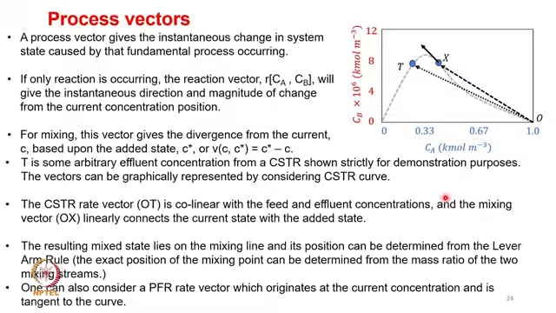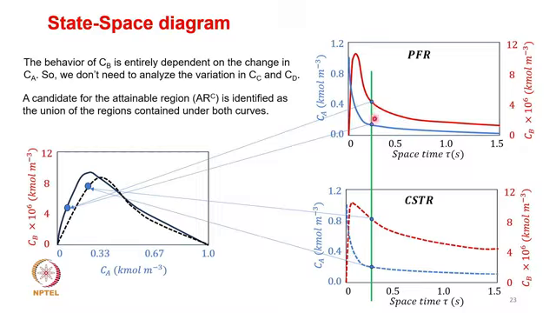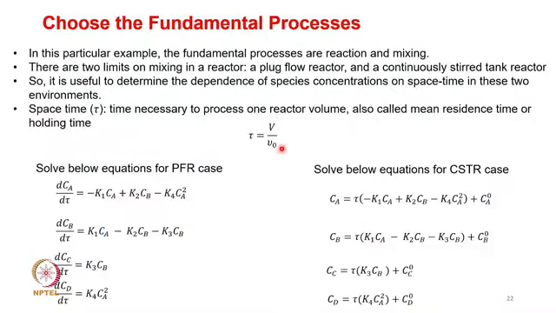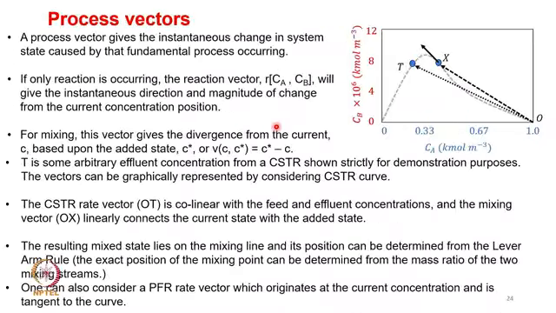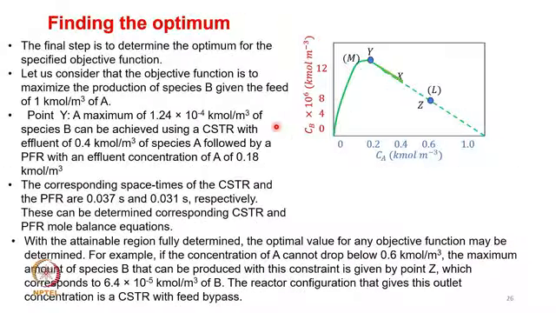Otherwise, you have the individual profile plots available. Now, in this particular case, this happens to be 0.037 second and 0.031 second respectively. These are determined by the corresponding CSTR and PFR balance equations.